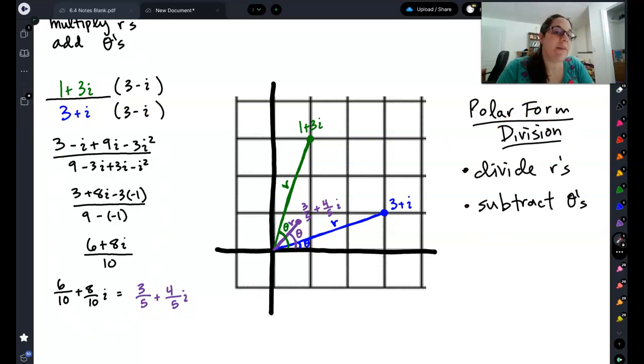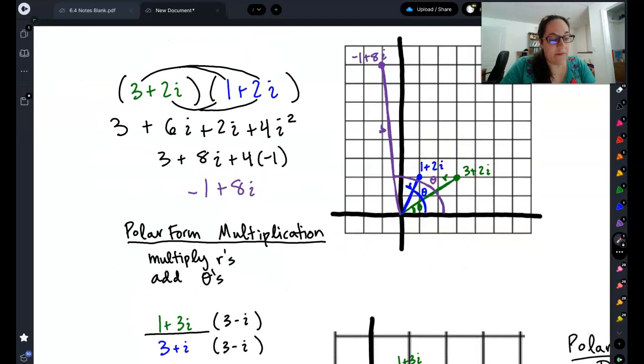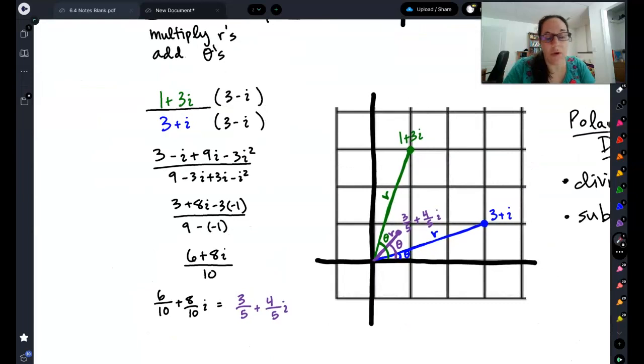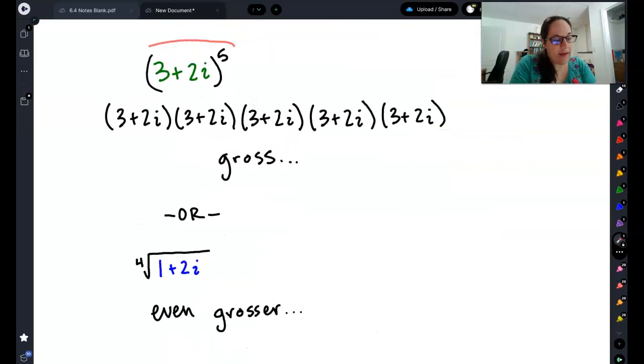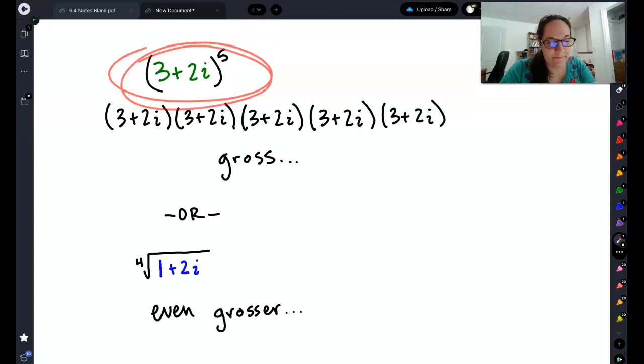Now, let's make it even more complicated. Let's say instead of multiplying or dividing, I gave you something like this, an exponent. And I wanted you to multiply 3 plus 2i 5 times.